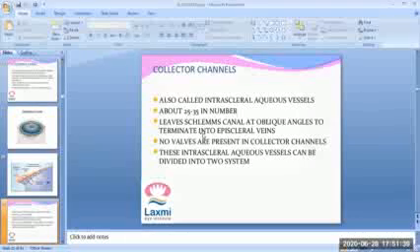These are also called the intrascleral aqueous vessels, and they are about 25 to 35 in number and leave the Schlemm's canal at oblique angles to terminate into episcleral veins in a laminated fashion. These intrascleral aqueous vessels can be divided into two systems.